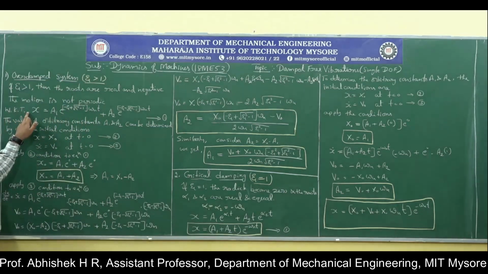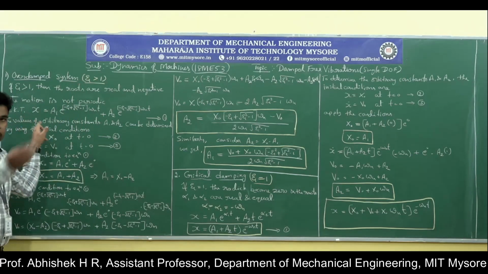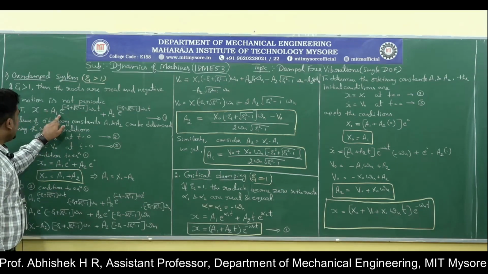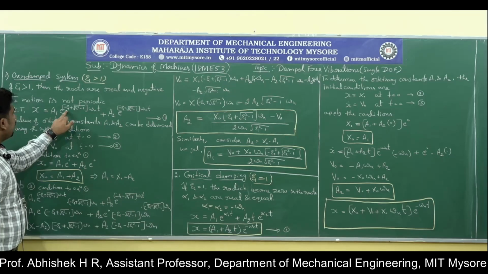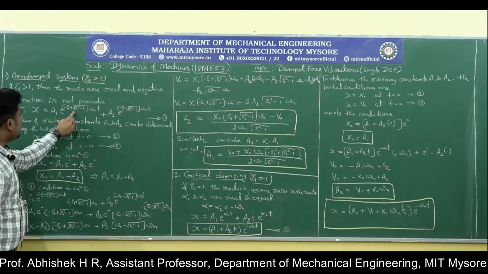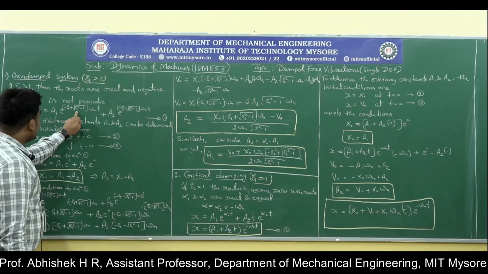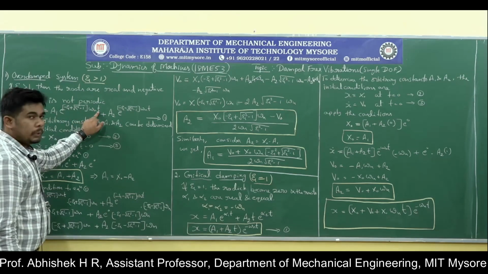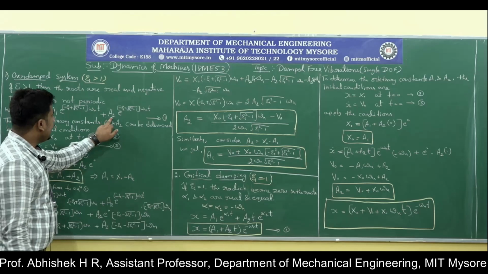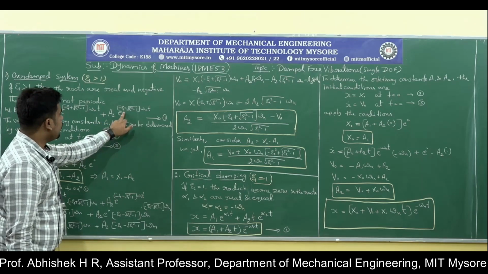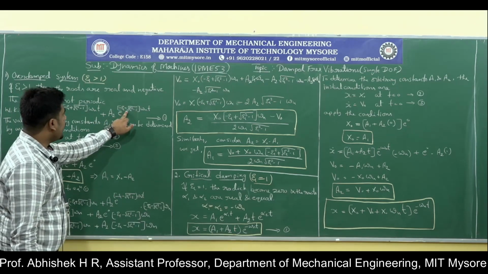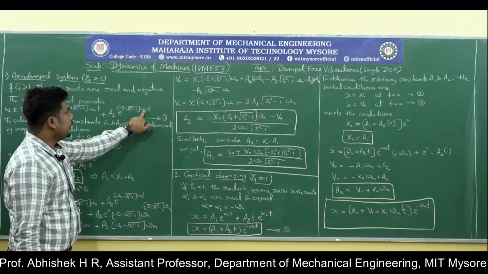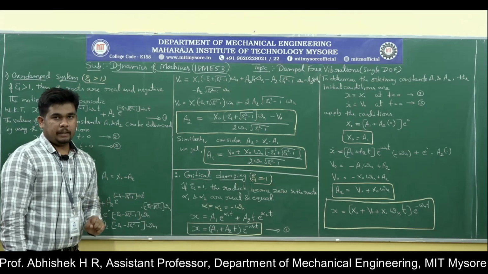Now we know the expression from the previous derivation, that is x is equal to a1 into e to the power of minus zeta plus square root of zeta square minus 1 into omega n into t, plus a2 into e to the power of minus zeta minus square root of zeta square minus 1 into omega n into t.